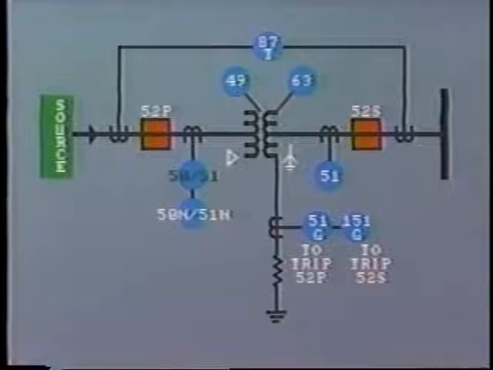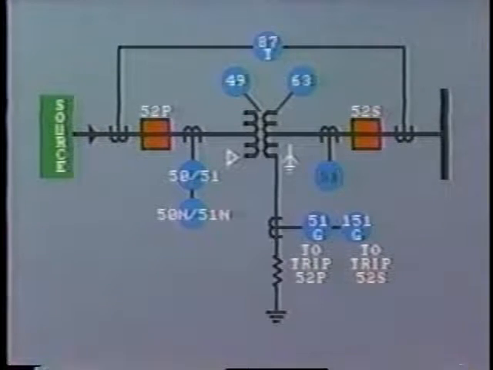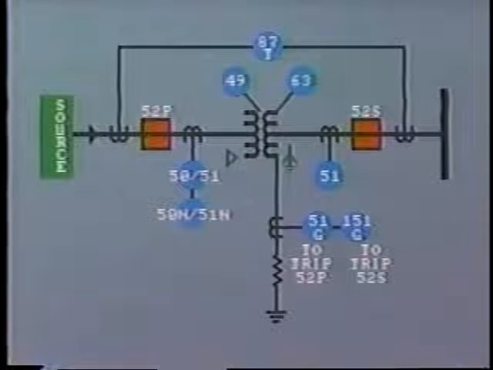Overcurrent relays are often installed as backup in the primary and secondary circuits. This overcurrent relay will act as a backup for faults on the secondary bus or feeders. This particular transformer shows a delta-connected primary and Y-connected secondary, a very common arrangement.